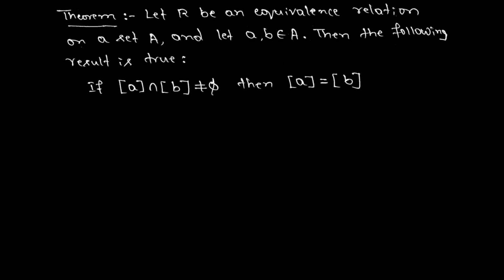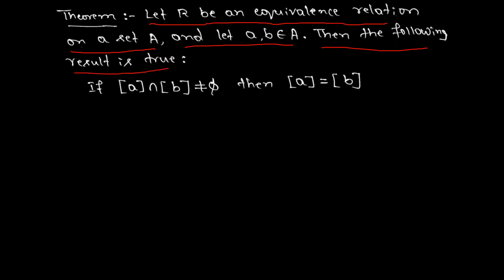Another theorem says, let R be an equivalence relation on a set A, and let a comma b belong to A, then the following is true. What is that? Whenever two equivalence classes intersect, then those two equivalence classes are same.